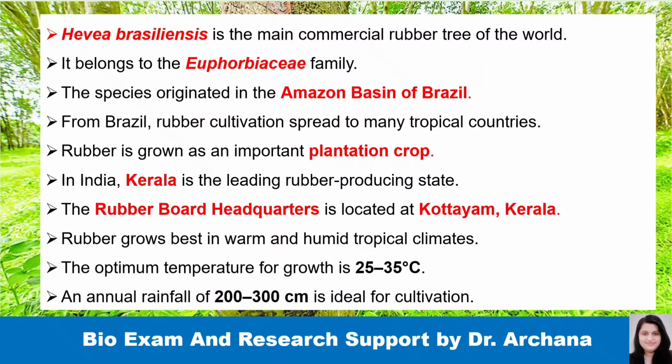In India, Kerala is the leading rubber producing state, as you all know. The Rubber Board headquarters is located at Kottayam, Kerala. Rubber grows best in warm and humid tropical climates. These are the important points that you can memorize and revise for the exam, because in each paper I have seen at least 5 questions related to rubber.